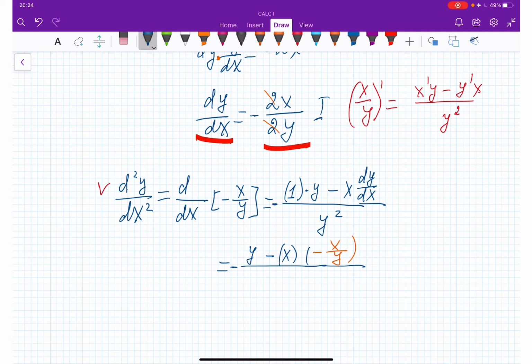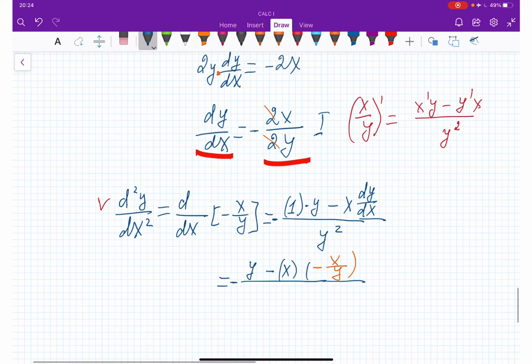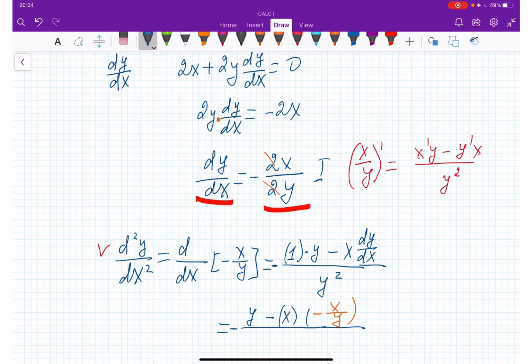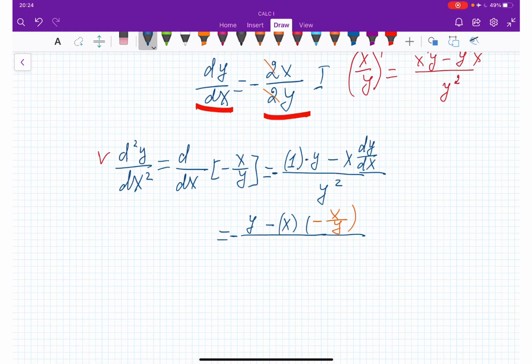So remember, when you take second derivative implicitly, definitely this dy by dx, you want to replace from the result of the previous differentiation, okay? And divided by y squared. Okay, so this is going to be equal negative. We get y plus x squared over y divided by y squared.